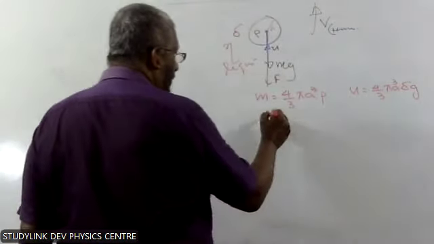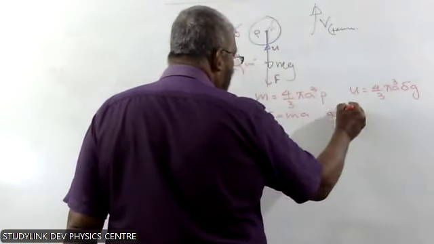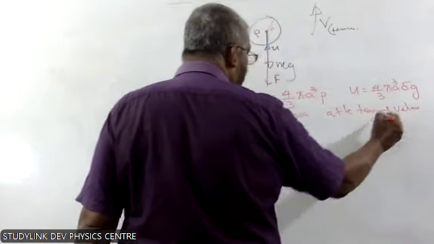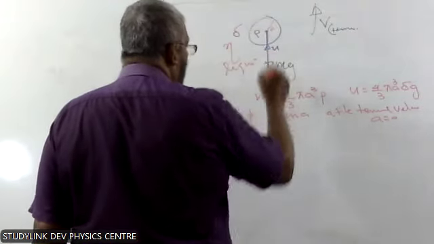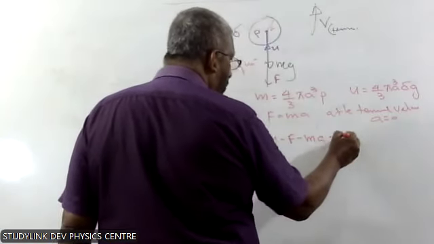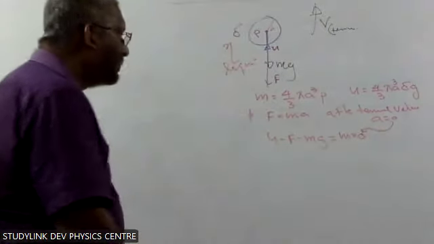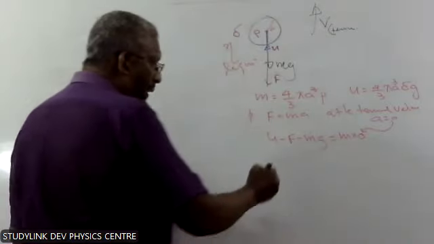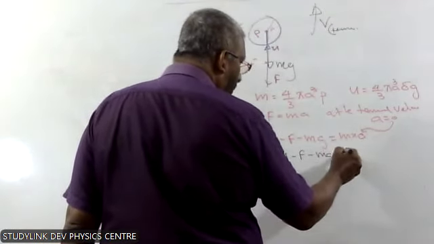Now, according to F equals ma, vertically upwards, at the terminal velocity, a is 0. Then U minus F minus mg is equal to mass into 0, acceleration. Then you get U minus F minus mg is equal to 0.